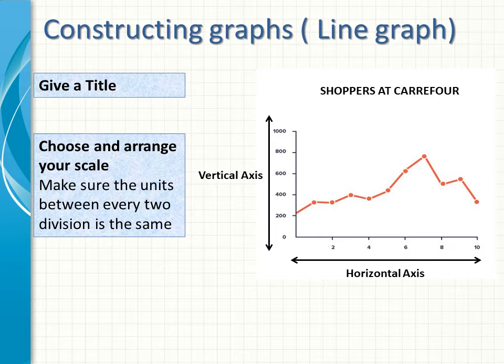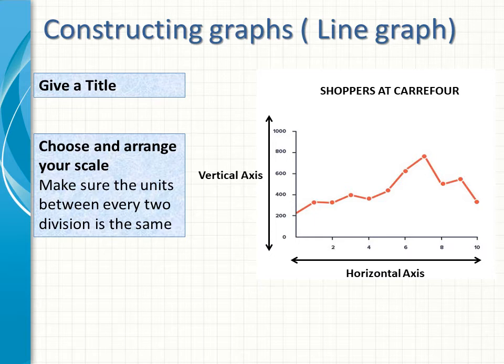So when you're making your scale, make sure you start from the least number, maybe a number lesser than the smallest number in your information or your data. Then use the highest number at the top or a number more than the highest number.